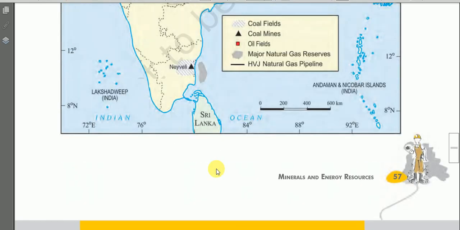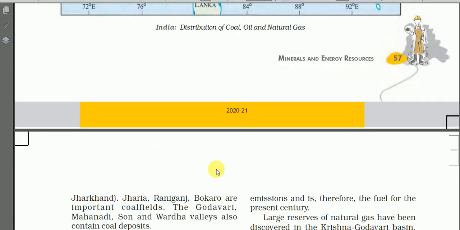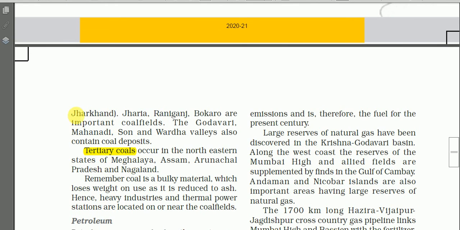You may examine it when you are free. Gondwana coals are mainly found in the Damodar Valley of West Bengal and Jharkhand. Jharia, Raniganj, Bokaro are important coal fields in this region. Then in South India, we have the Godavari, Mahanadi, Son, Warda valleys, where these Gondwana coals are found.